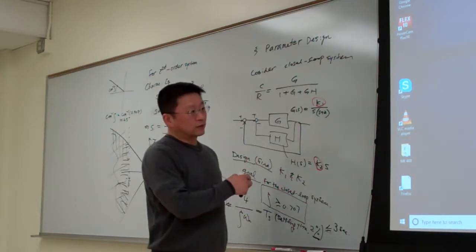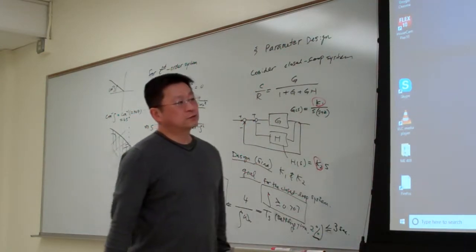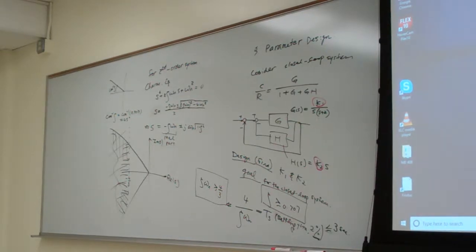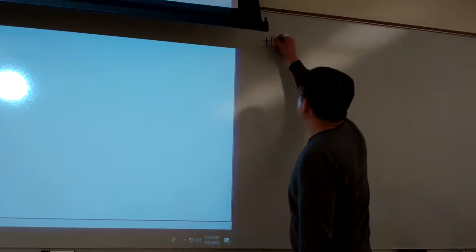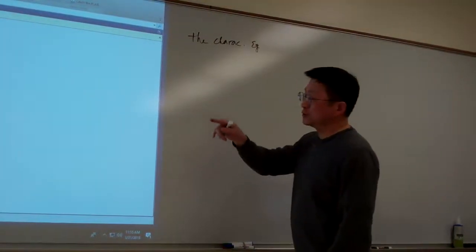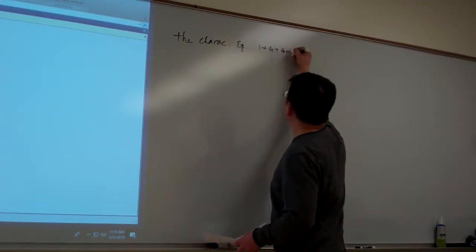So now with this one ready, we see what happens. Let me move to this side. For this case, continue from there. The characteristic equation for that formula is basically 1 plus G plus GH equal to 0.